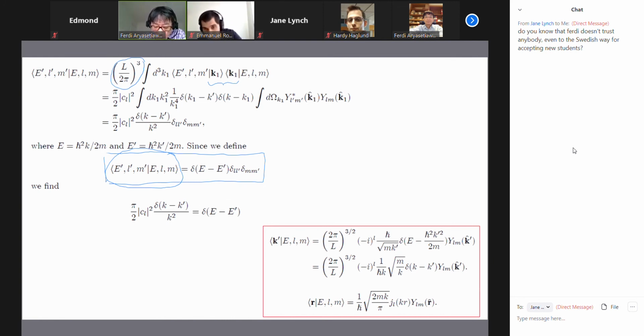And then we just plug in what we derived before for the momentum representation of our partial wave. This ELM is called the partial wave because it's a partial wave in the angular momentum in that sense.